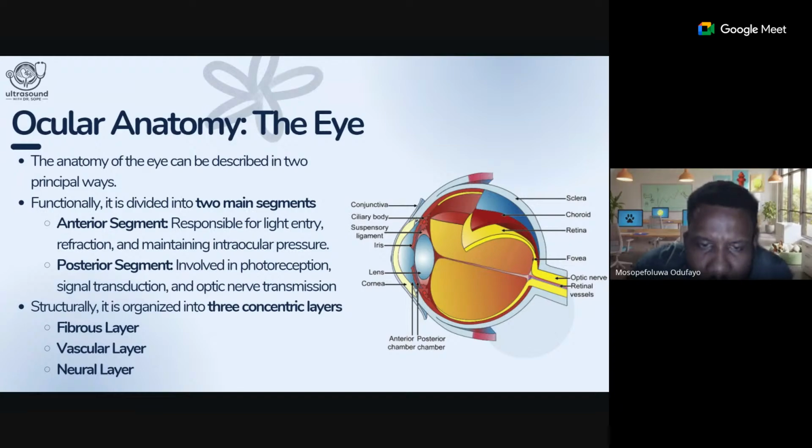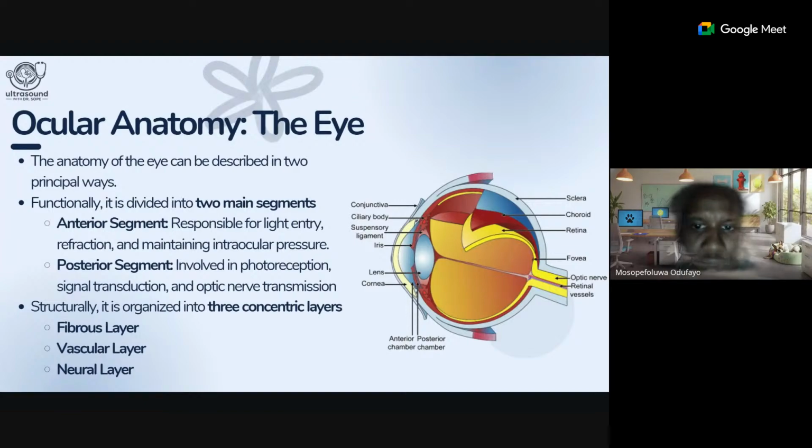The reason we do that is because there is a strong relationship between the anterior segment and the organs of the anterior segment. All of them are responsible for light entry, and then refraction and maintaining intraocular pressure.